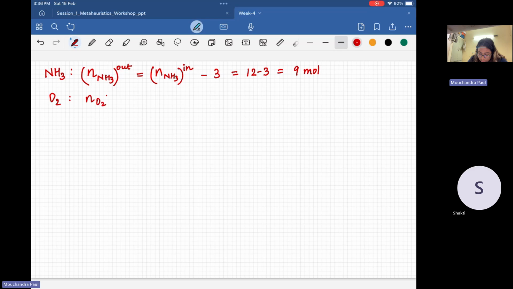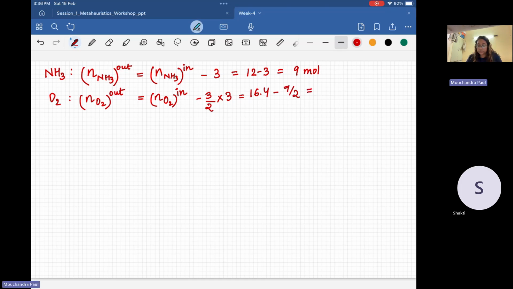Then for oxygen, similarly, you have to write this expression. If there is any doubt, let me know. I'll be happy to explain things again. It is minus 3/2 times 3. The oxygen that was coming in was 16.4.